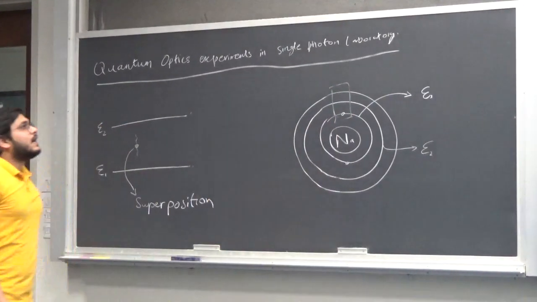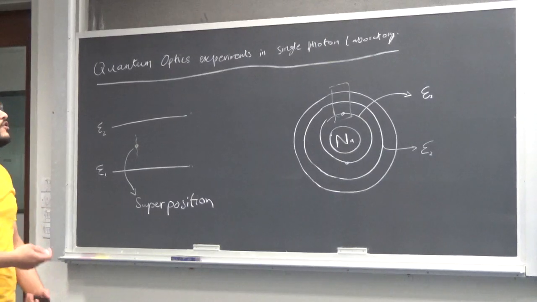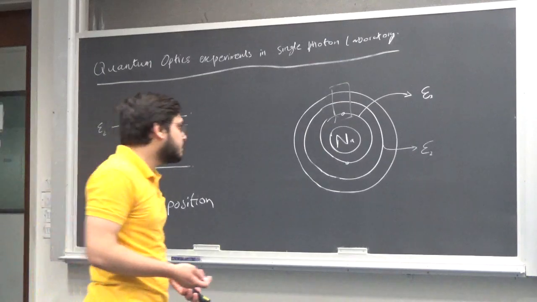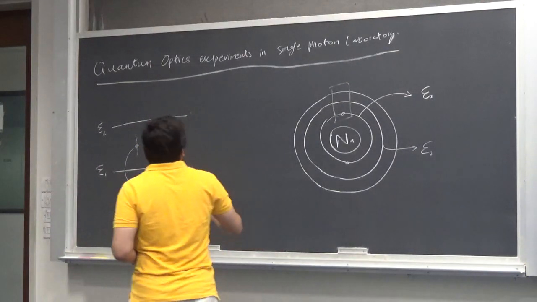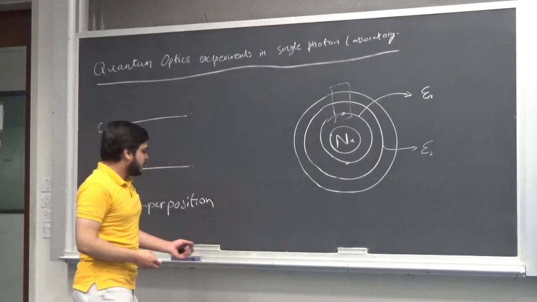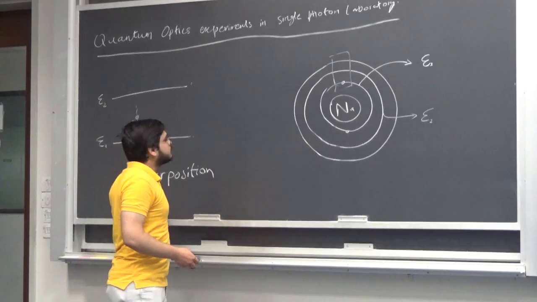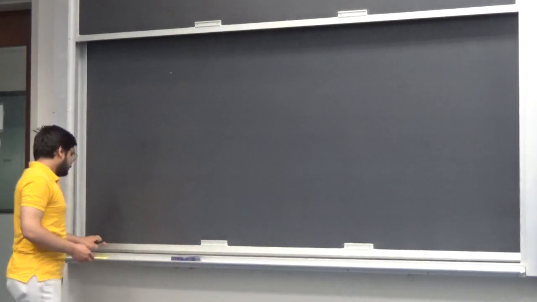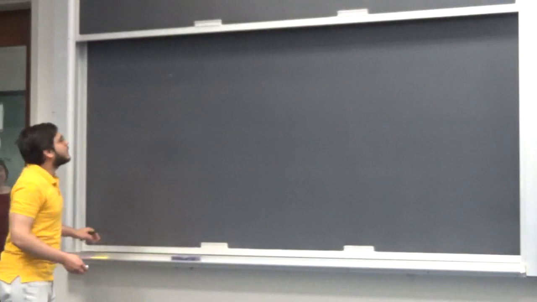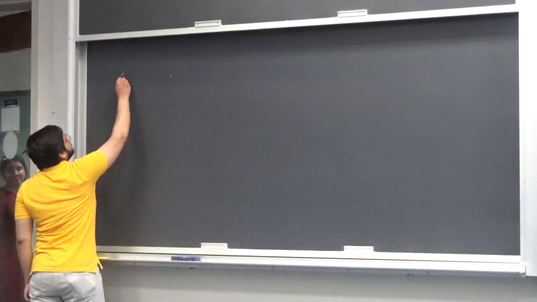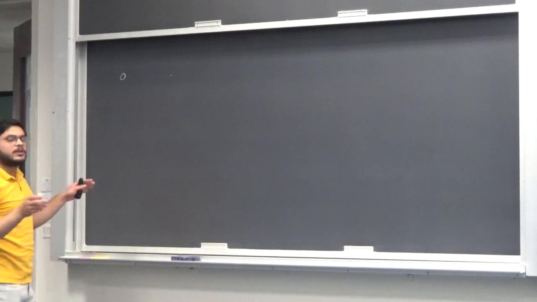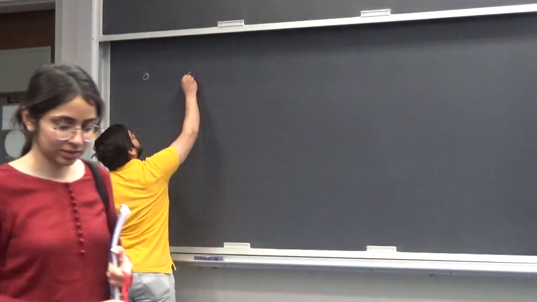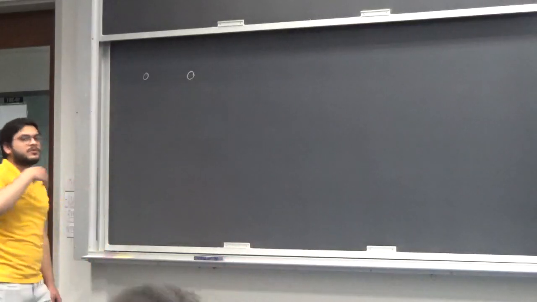All right, and then we have another interesting phenomenon that happens only at the quantum scale, quantum entanglement. We say that there is a particle which has some quantum state of its own, and then we have another particle with a quantum state of its own.